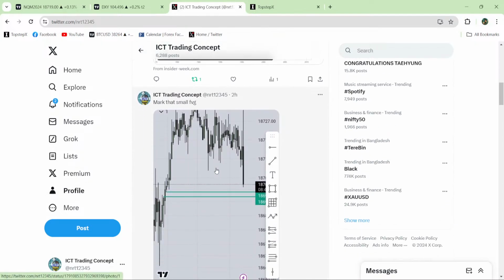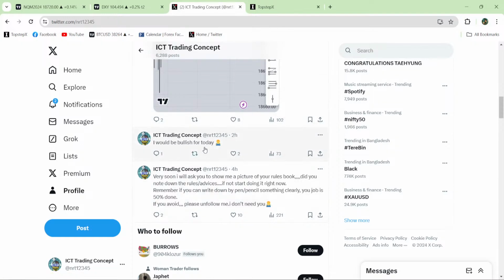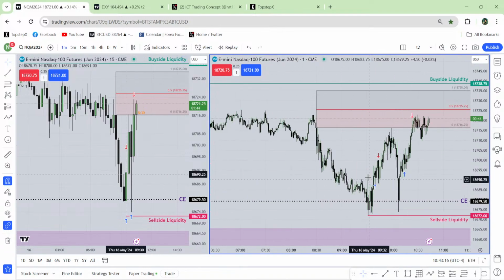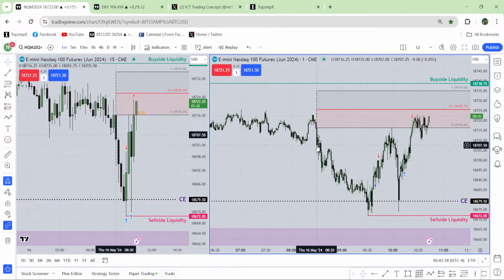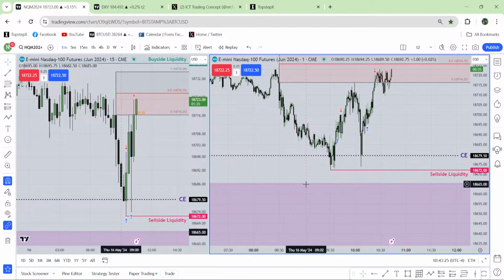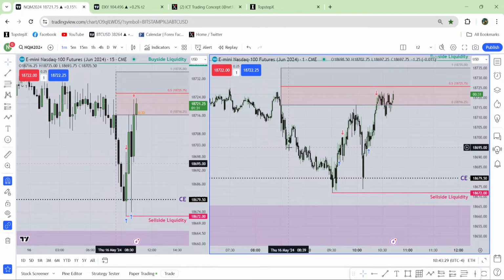I said I would be bullish for today 2 hours ago, before even starting today's session, depending on all of this price action. After seeing this news candle, I tweeted that I'm bullish. When the market was going lower, I said it can reach until that consequent encroachment or maximum this 4-hour fair value gap. Previously, there was a 15-minute bullish fair value gap, and I thought that it would be respected.